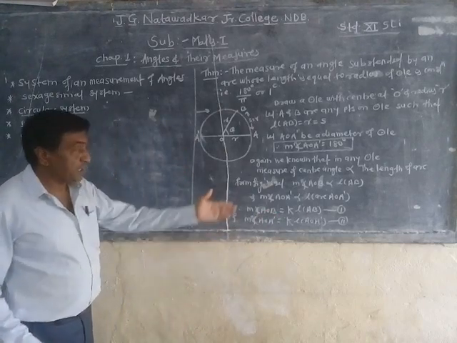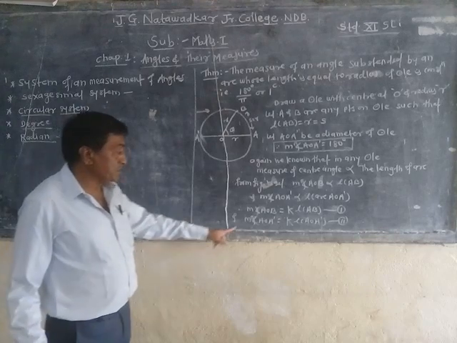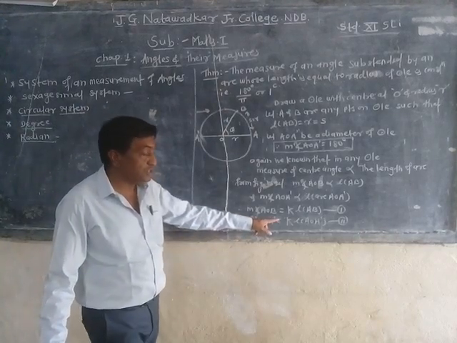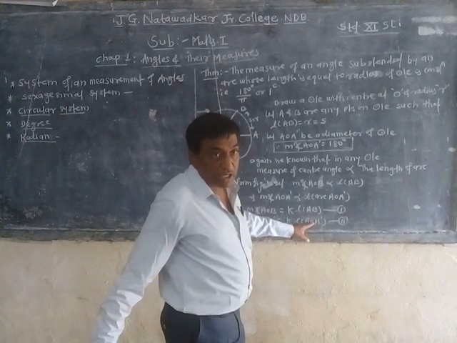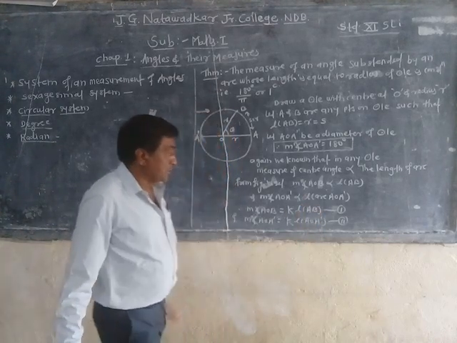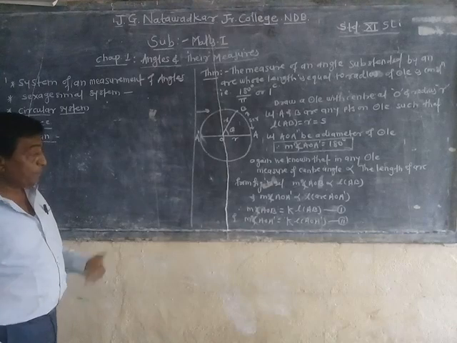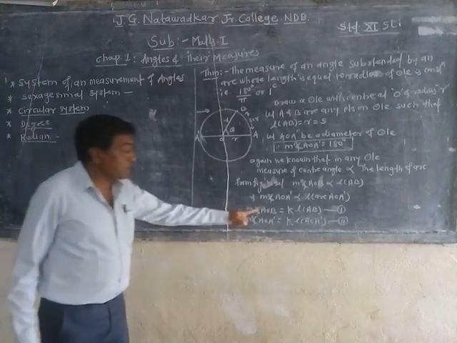I will call that the first equation. Another relation is: the measure of angle AOA dash is equal to K multiplied by the length of arc AOA dash. So we get two relations, and now I will divide relation 1 by relation 2.